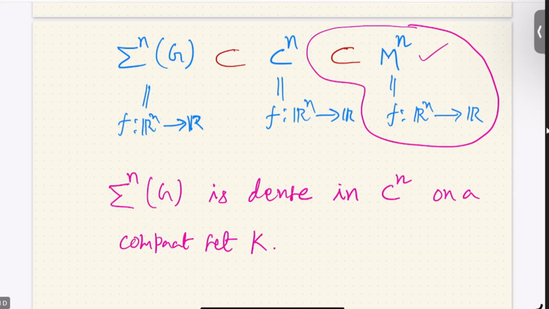What is a compact set? Can you recall from our real analysis?